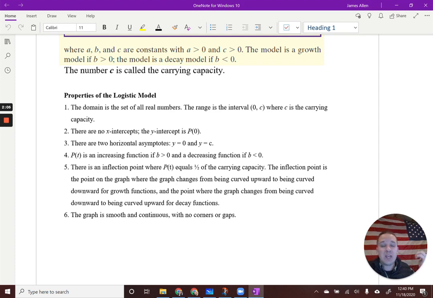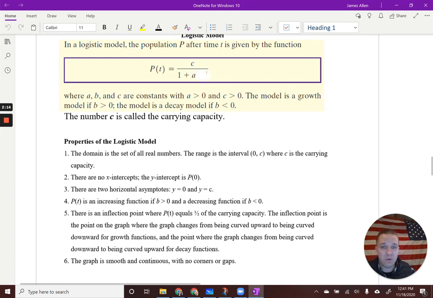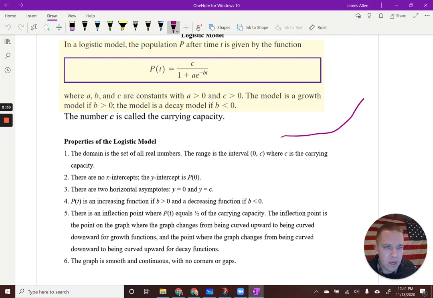It is increasing if B is greater than 0, but remember that would look negative in the exponent because of that opposite of B in my formula. And then it is decreasing if B is less than 0. We've got an inflection point where it starts increasing less. That's what we call an inflection point. You'll deal with that a little bit more in calculus, but it's where we're going up and then it changes.